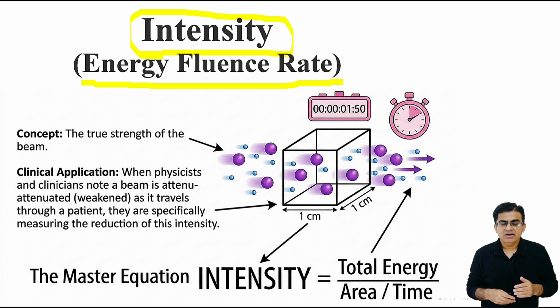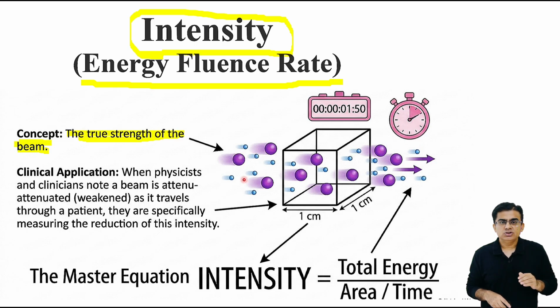This single word represents the true practical strength of your treatment beam. What does it actually combine? It combines absolutely everything we have discussed so far. We take the total sum of energy carried by all the X-ray photons.